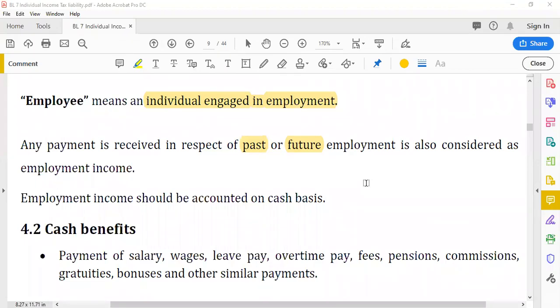Is it possible? A future allocated bonus by a company? No, no. I will explain. You are a very wonderful, bold student, very clever.